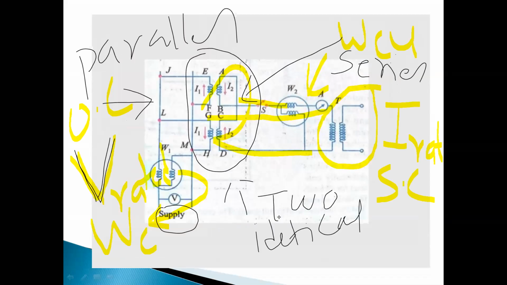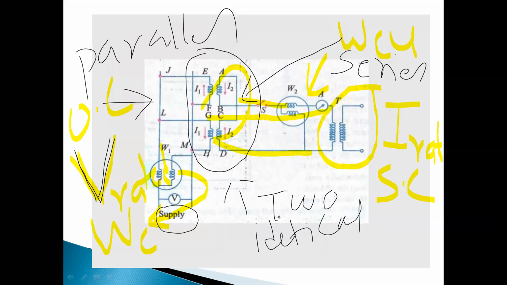So once again I repeat, the Sumpner's test is also called the back-to-back test, also called the heat run test. This test is conducted to determine the efficiency, regulation, and temperature rise of the transformer. In this test we need two identical transformers.